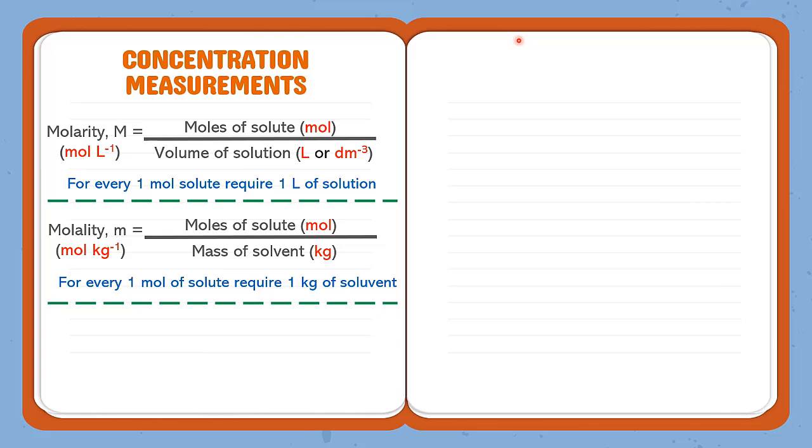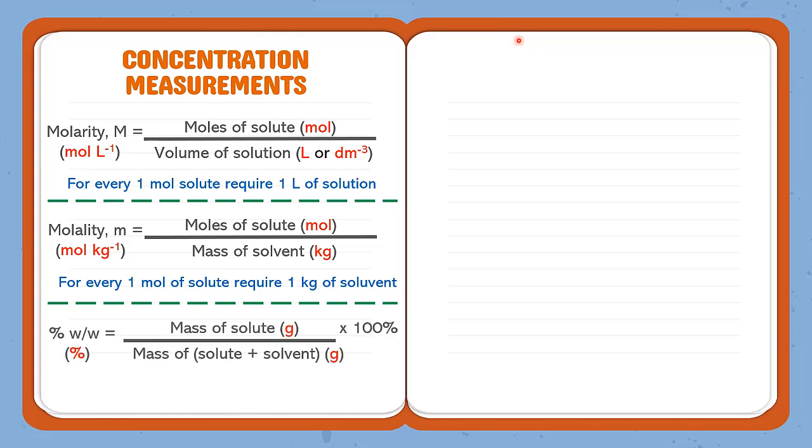Moving on to the next concentration called percentage by mass, denoted by percent and also w over w. This w belongs to weight, and weight here means the mass. Since we are talking about percentage, we will find a ratio. Ratio means division happens here involving the same unit, so lastly, they're not going to have any unit left.